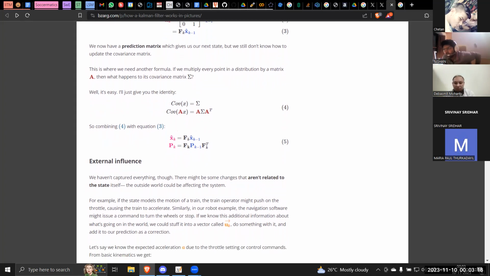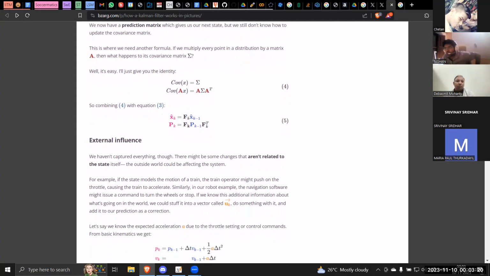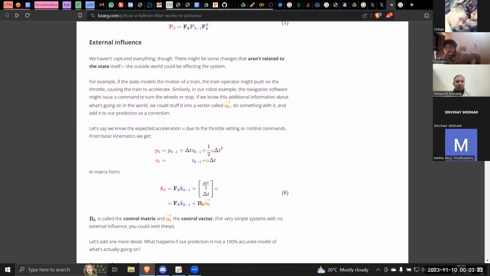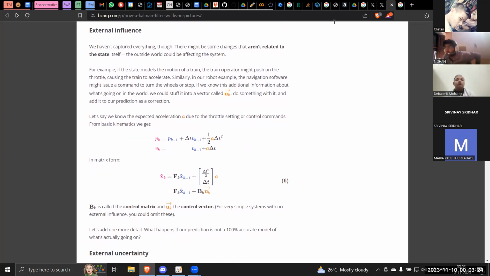External influence. We haven't captured everything, though. There might be some changes that aren't related to the state itself. The outside world could be affecting the system. For example, if the state models the motion of a train, the train operator might push on the throttle, causing the train to accelerate.